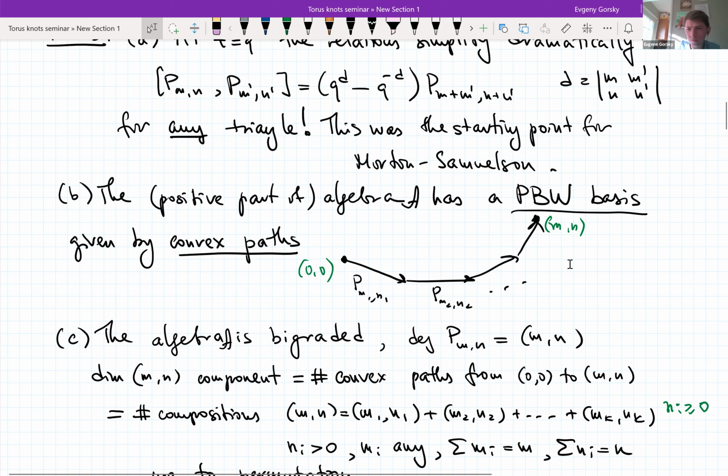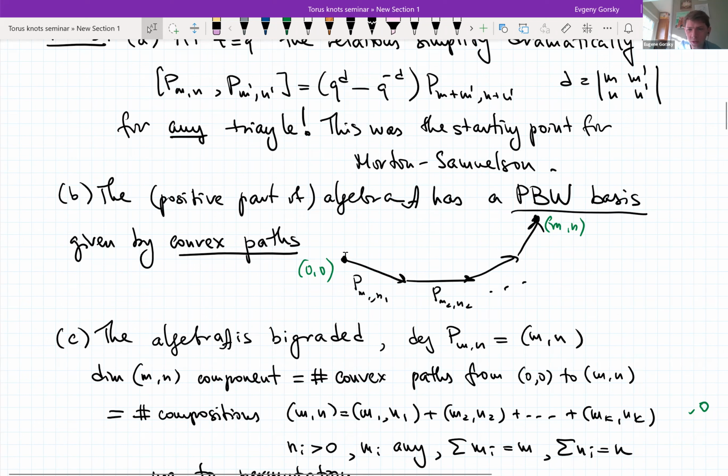Yes. The number may not be a good notion, but you have a basis in the appropriate sense given by these compositions, or by the convex paths. Any element can be written as a finite linear combination of these convex paths. That's the PBW theorem, basically.